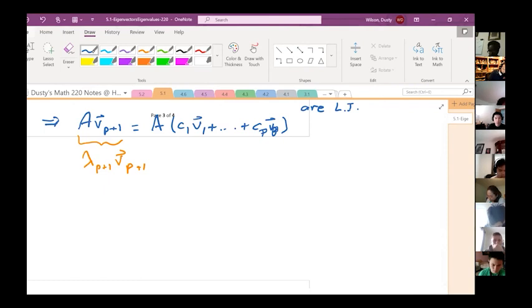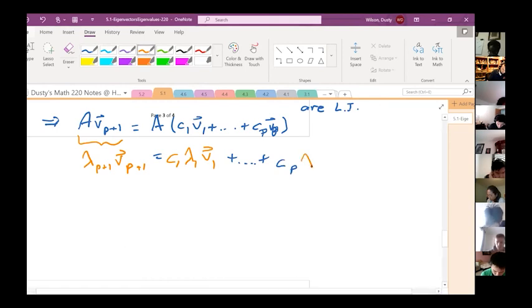And this will be equal to A times c1 v1, where the c1 can come out. Let me try to keep my order the same as in my notes. I would have c1 lambda1 v1 plus ... plus cp lambda_p vp.